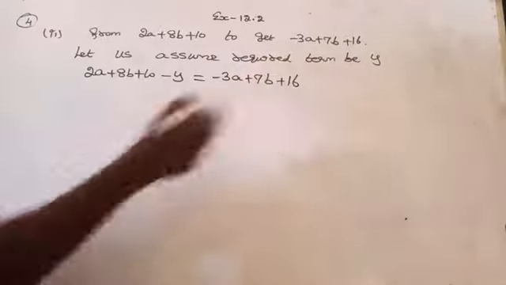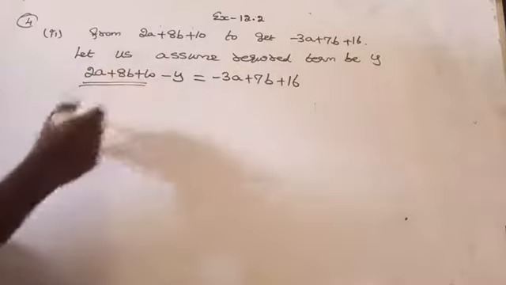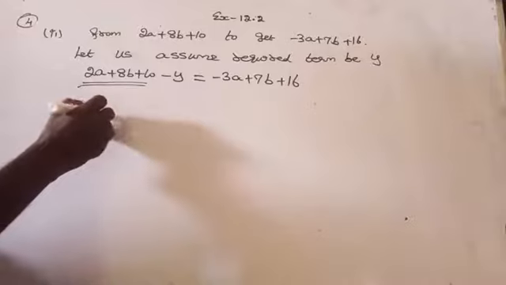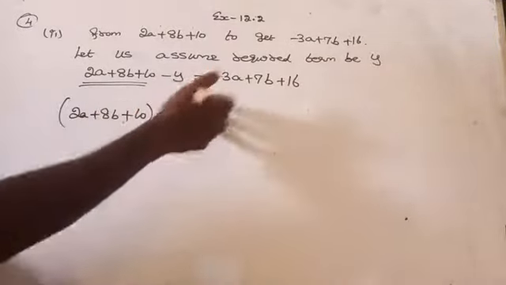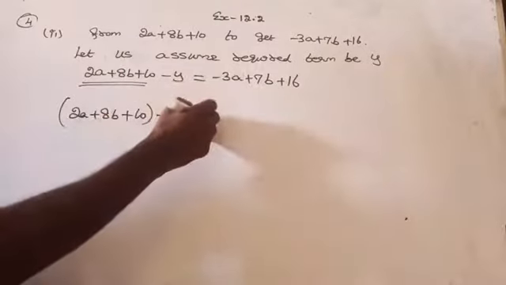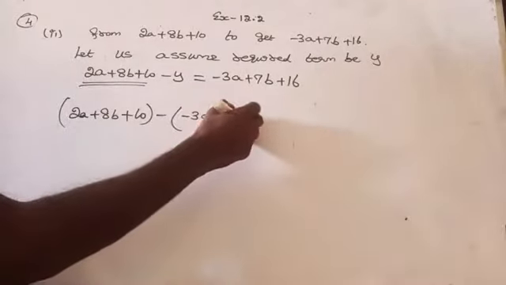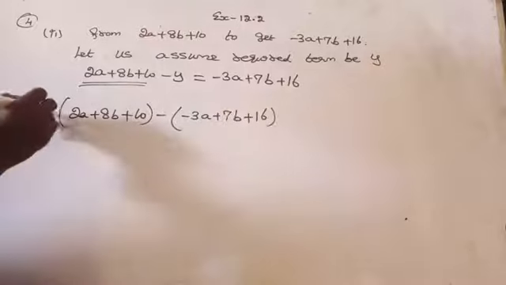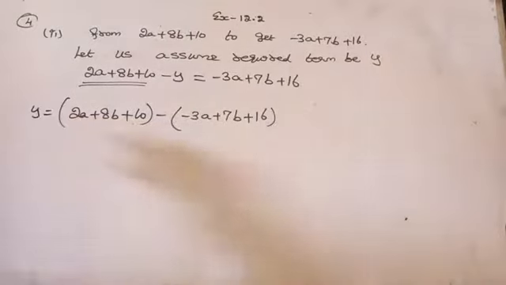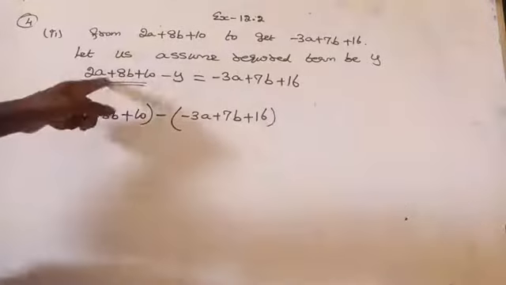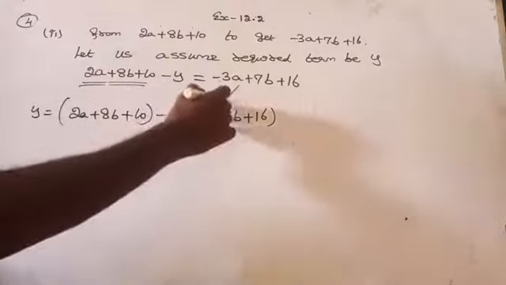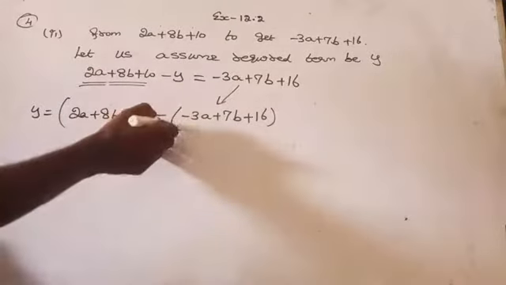So from the given 2a plus 8b plus 10, subtract the result, that is minus 3a plus 7b plus 16. It gives us y here, which is the required term. The required term is what? Subtract the result from the given.